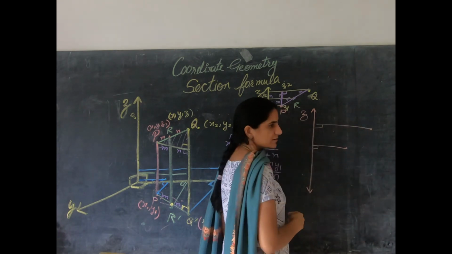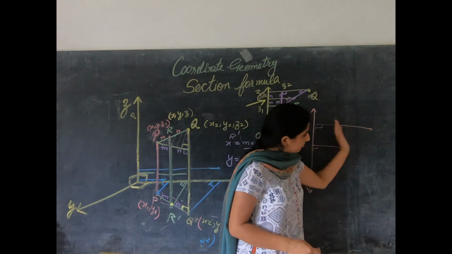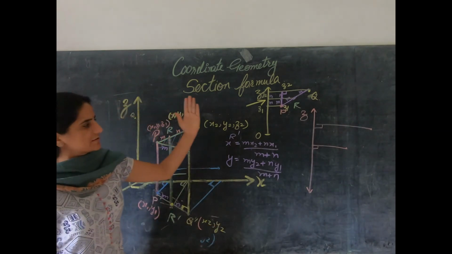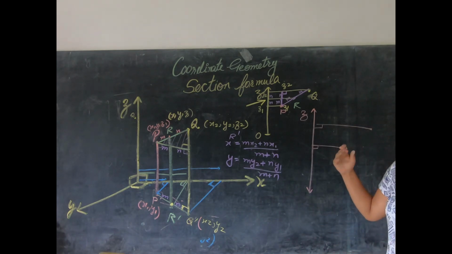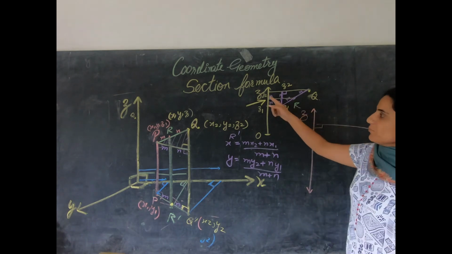Now what is this? Aren't we getting a plane? This is a plane projecting outwards from the z-axis. If it is a plane, we can use all the properties of a plane. So that's what I am doing here.